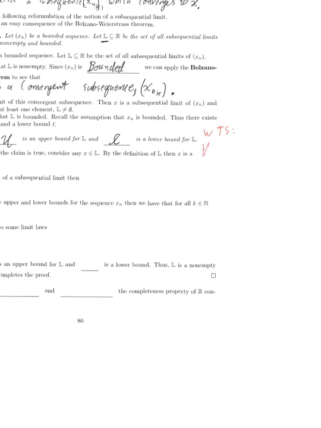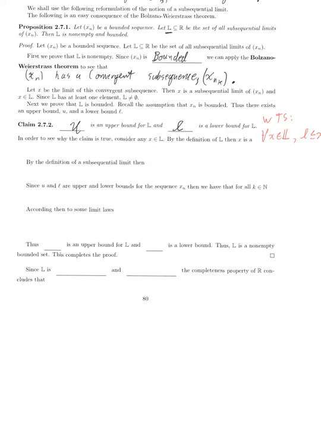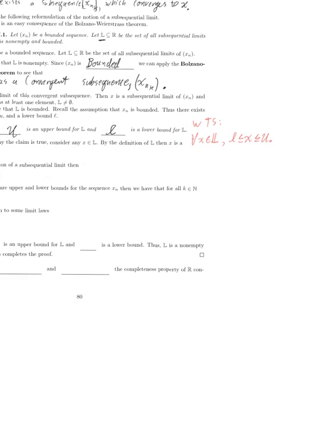I want to show that for all x in the set of all subsequential limits, l is less than or equal to x is less than or equal to U. If I want to show something is true about every element of a set, I will start by considering any element of the set. So let's do that. Let's consider any element x of the set, and I need to show that this is true.